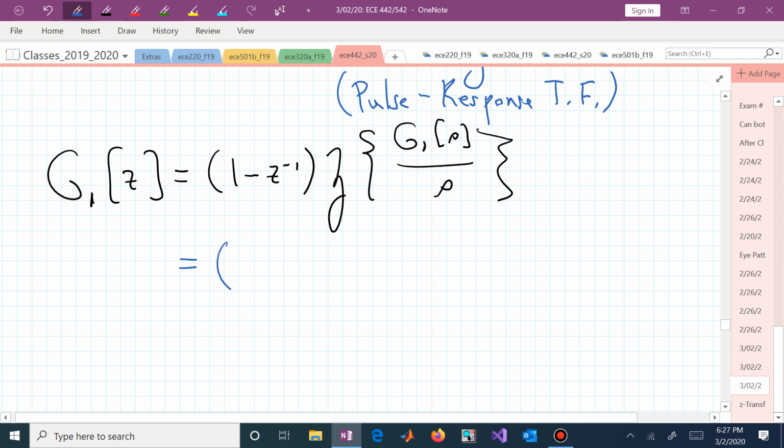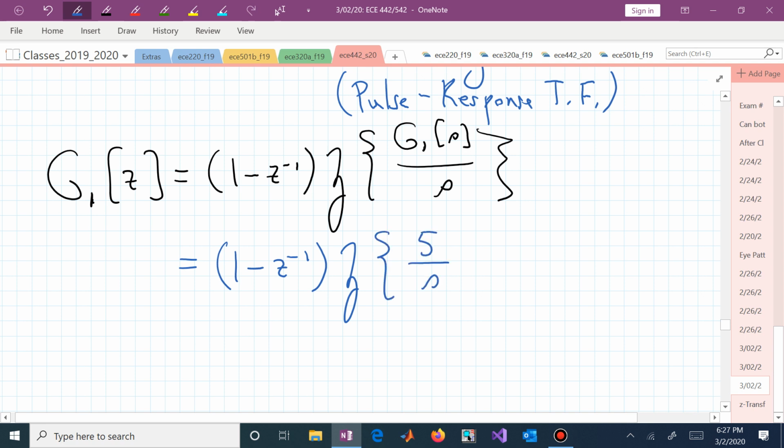Let's now plug in what we know. 1 minus Z to the minus 1. Let's not change that yet, let's just keep that the same. But now we actually know what G sub 1 of S is. That's a constant. That was 5. Let's put that in.